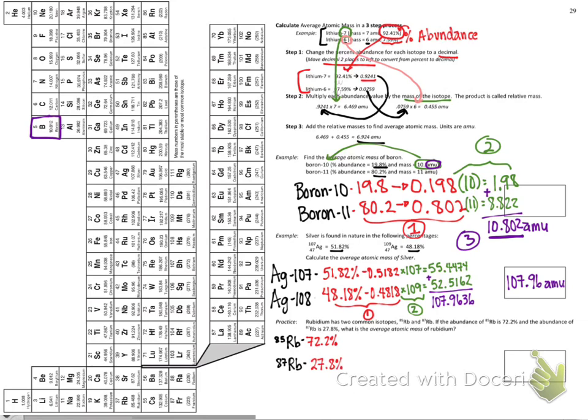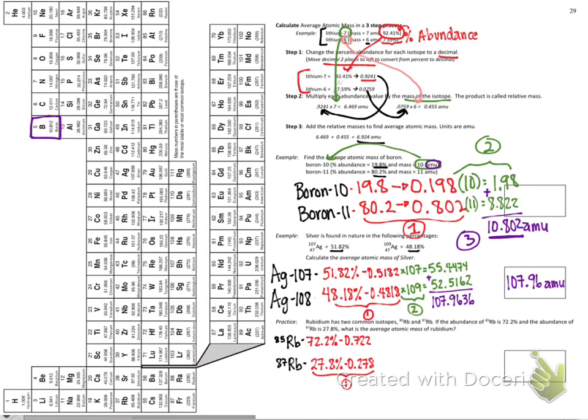And again, my very first step is changing those percentages to decimals. Okay, so for rubidium 85, it becomes 0.722, and rubidium 87 becomes 0.278. So again, that's my very first step.